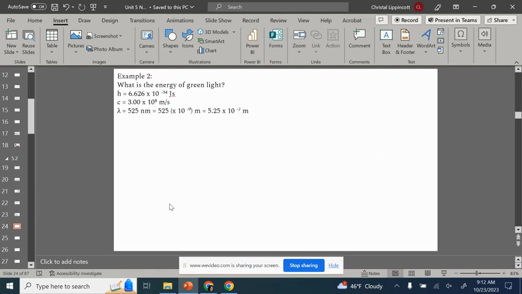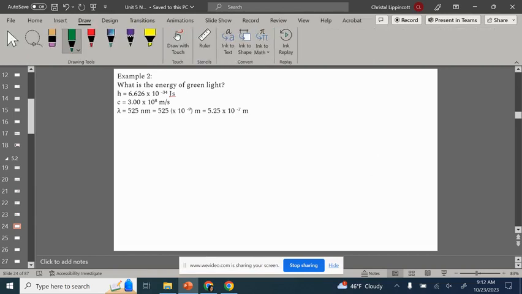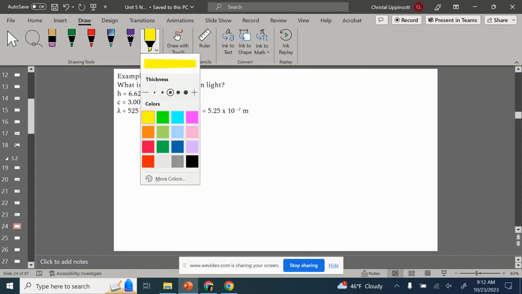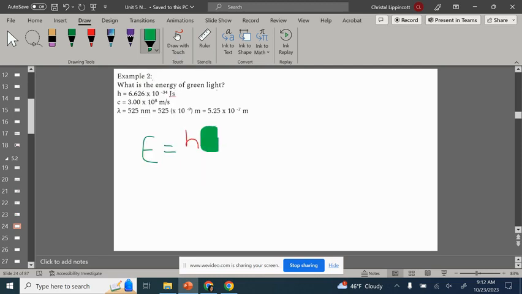So I'm going to use E equals H, what do I want to see in? Can I do a highlighter that's black? Let's do a black highlighter. Oh, that doesn't work well, does it?